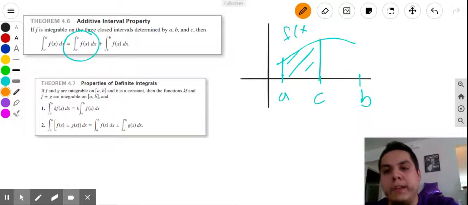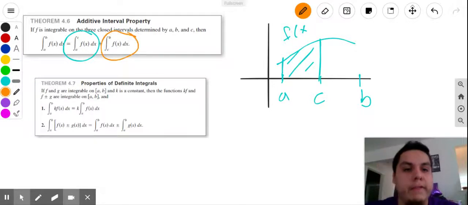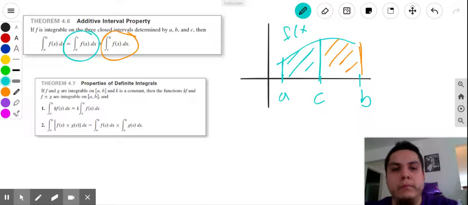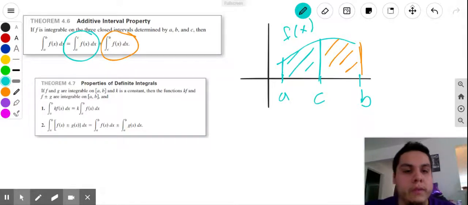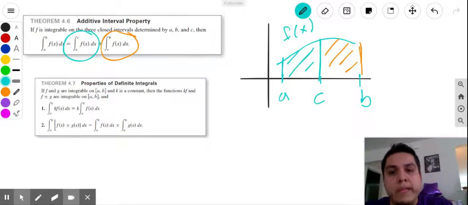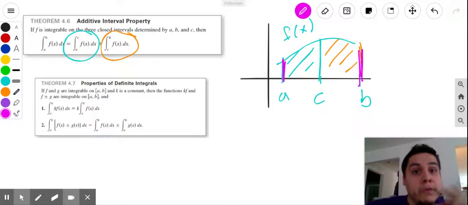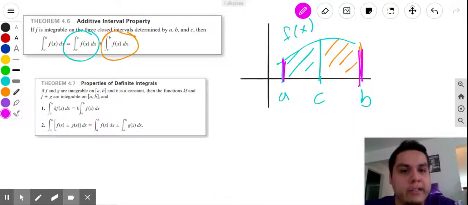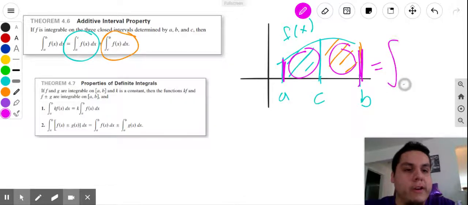And if I talk about the integral from c to b of f of x dx, then I'm talking about this right here. So it would make sense that if I'm talking about the integral from a all the way to b, I can break it up into two distinct parts, and I can just add this and this to get all of that area.